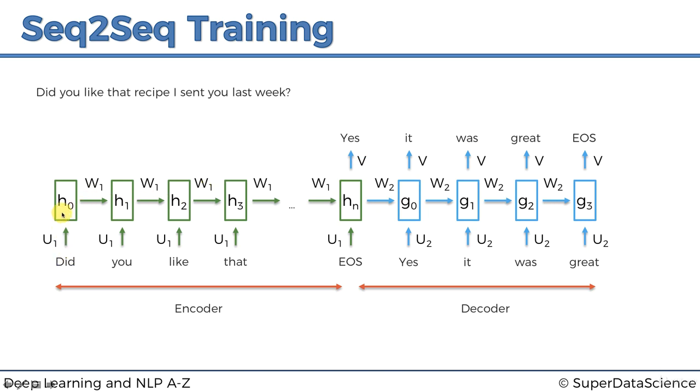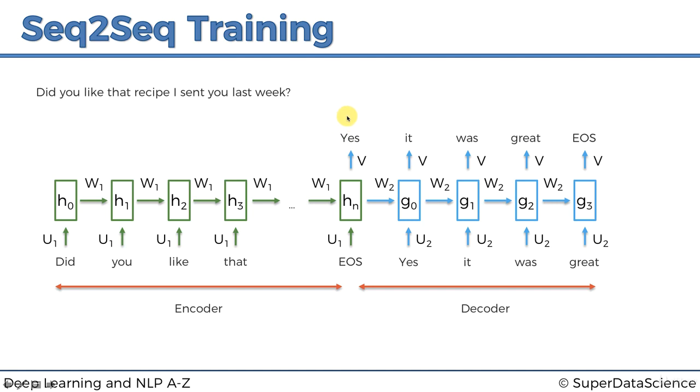Once we fed in this email, which says, "Did you like that recipe that I sent you last week, end of sentence," the network, through training, in an iterative process, is going to look at the different options that it can spit out. It will start learning, okay, what word can I specify? We know the correct first word is "yes." But the network actually has 20,000 different words to pick from.